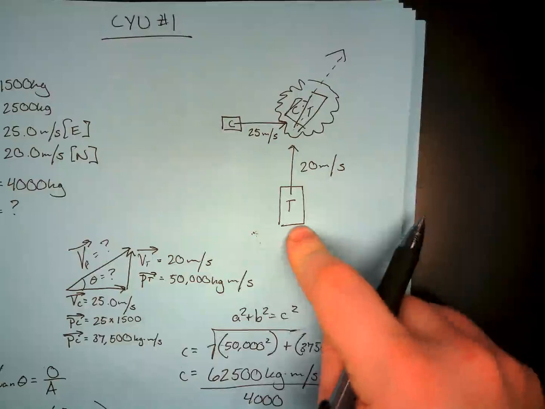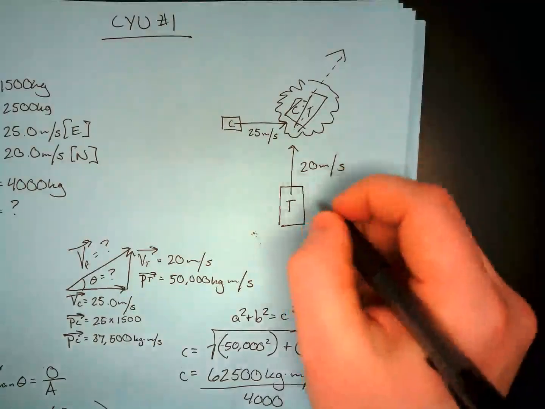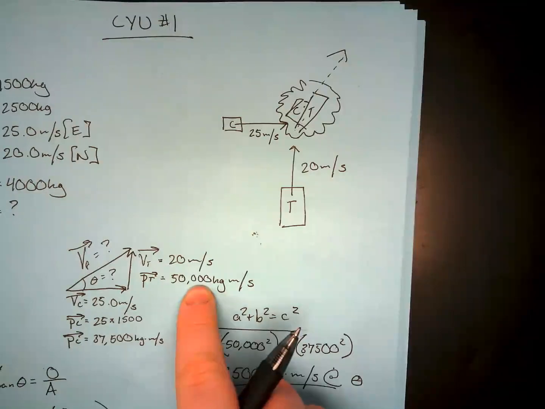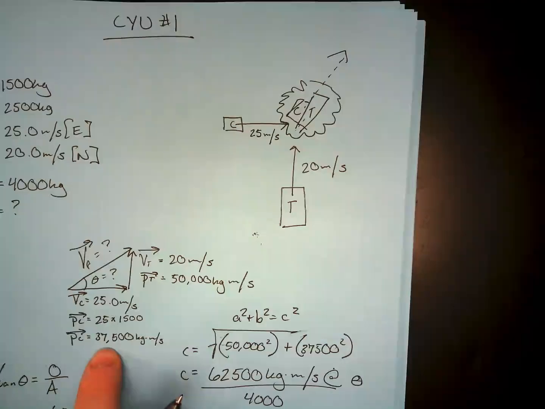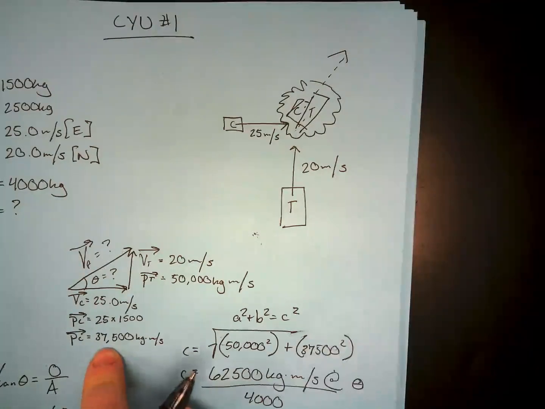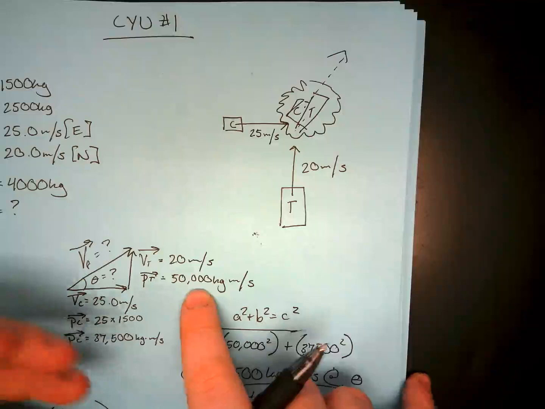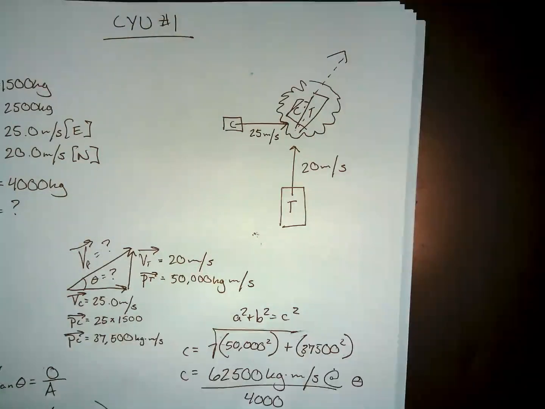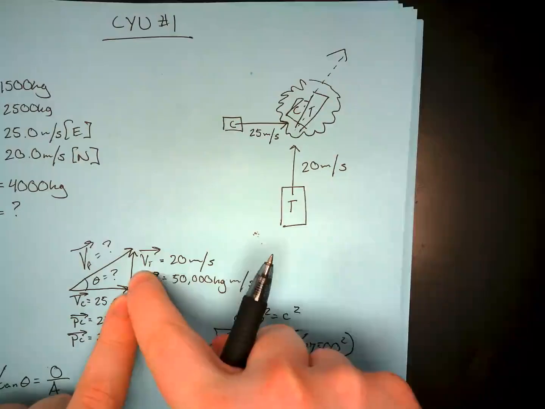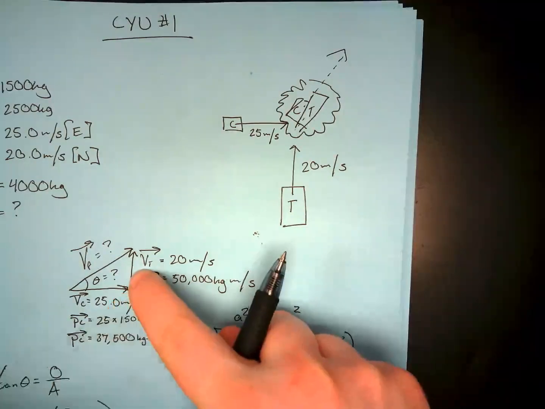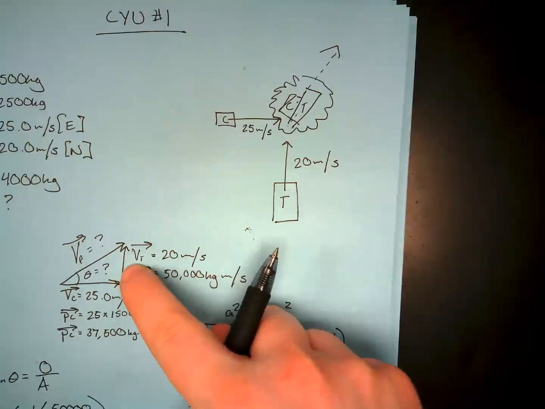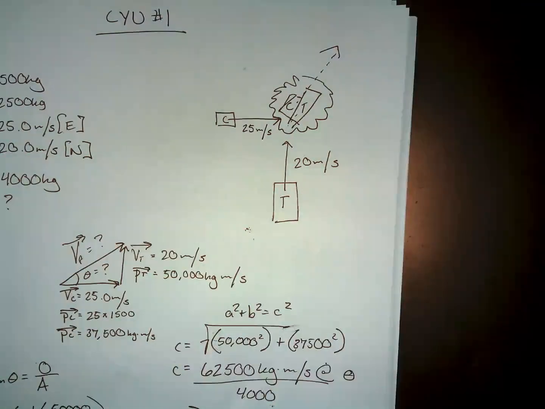Real quick, just to think about that. The truck has a higher momentum, 50,000 compared to the 37,500 from the car. So we should expect that when they combine into one mass, they move together closer to the direction that the truck was moving in, due to its higher momentum. Okay, that just makes sense. If it was below 45, something went wrong.